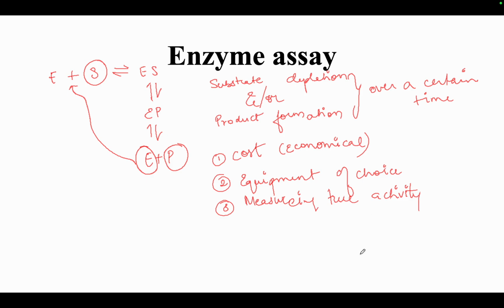By this we mean that there should not be any contamination or other side reactions that we are measuring, or other color formation, or the substrate getting converted to other products. There should not be any contamination of other molecules. We should measure the true activity of the enzyme.